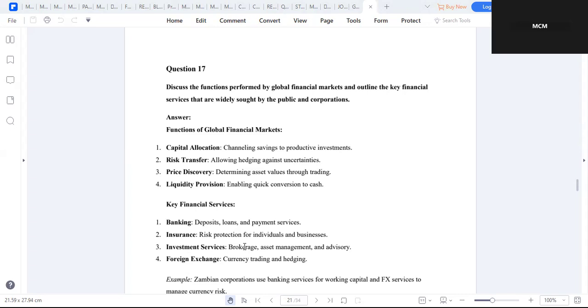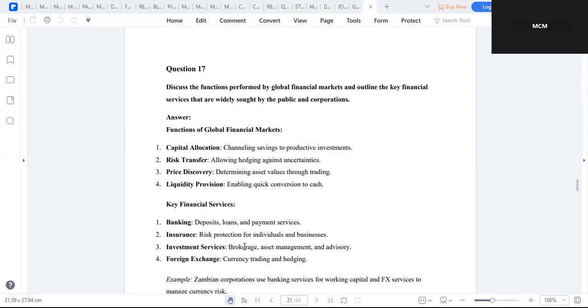Corporations also use working capital financing, trade financing, project loans, all these processing are done using these platforms. So they provide banking services. Secondly, the services being sought are insurance services to protect against any financial losses. So if you want to order a car, there should be an insurance company that will be there to bear the risk. So insurance services.